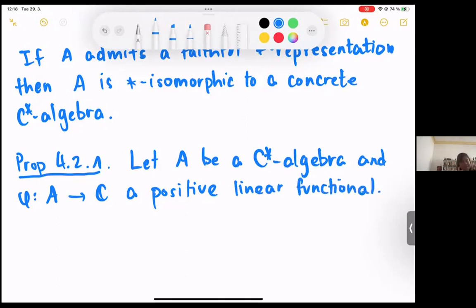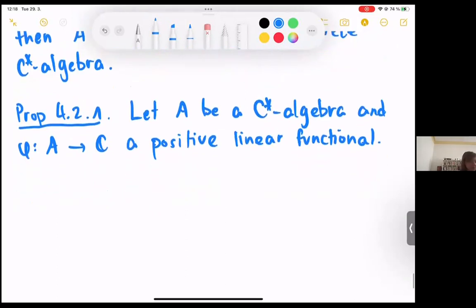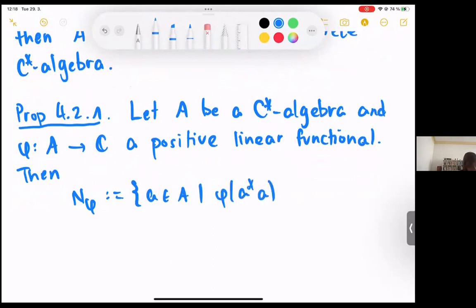So take a positive linear functional phi on your C-star algebra A, and then we can define this subset N phi of A to be all those elements A such that phi of A star A is 0.